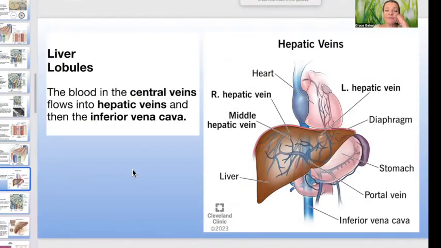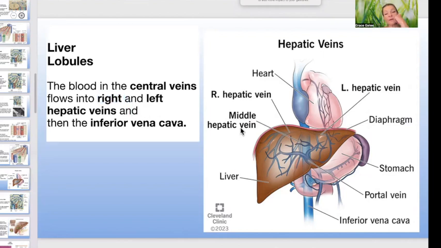The blood in the central veins flows into hepatic veins. There's a right hepatic vein and a left hepatic vein here in the picture, and then the inferior vena cava. So the key thing to remember is that when you're talking about the hepatic portal vein, you always have to put the word portal in, because if you just say hepatic vein, then you're talking about these veins that drain the liver into the inferior vena cava.